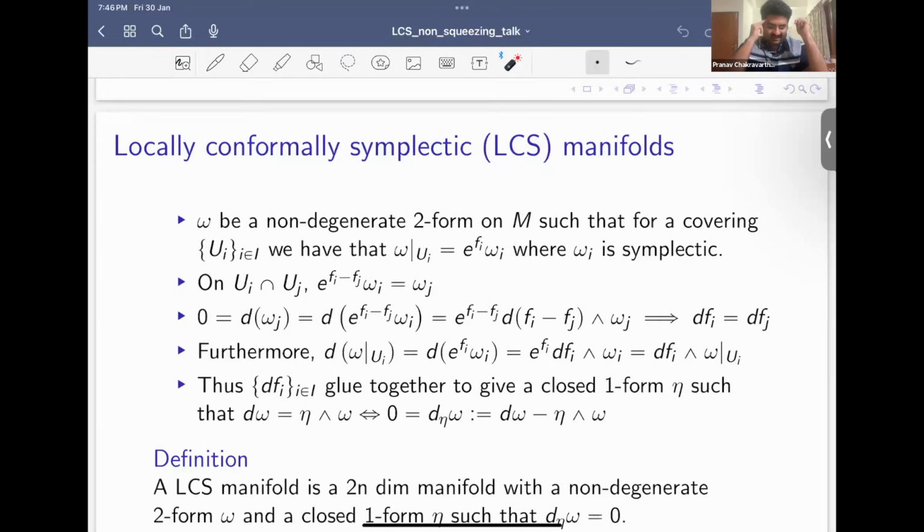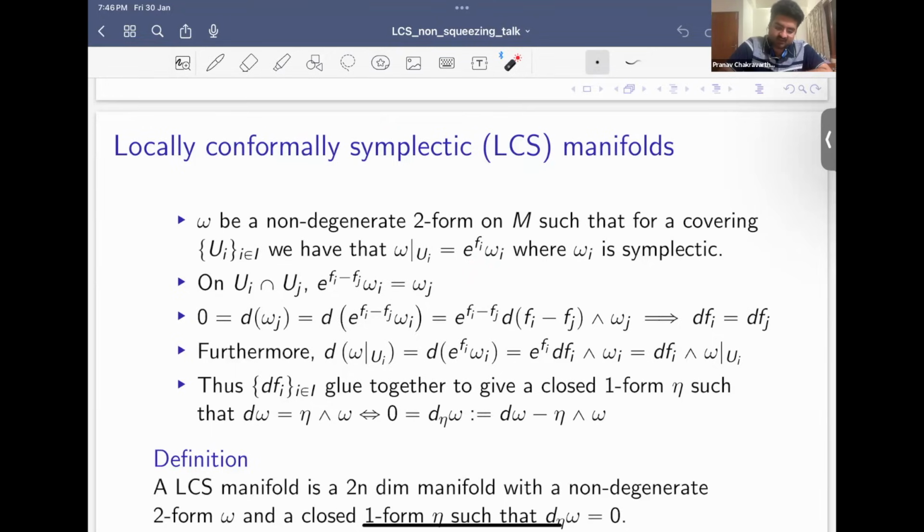Okay. So as the name suggests, a locally conformal symplectic manifold is an even-dimensional manifold with a non-degenerate 2 form, such that on some open covering of the manifold, when I restrict the 2 form to each open set in the covering, I need it to be a multiple of a symplectic form.